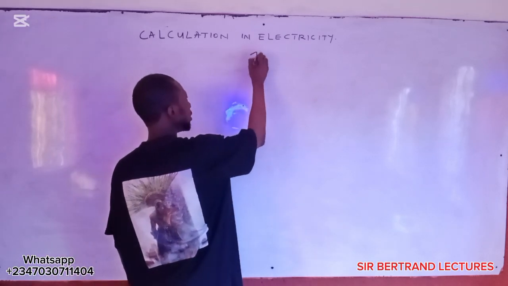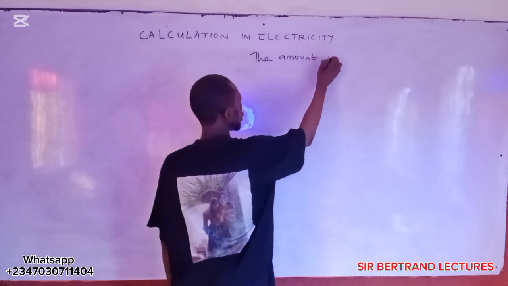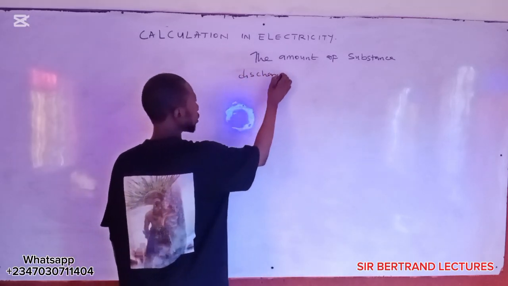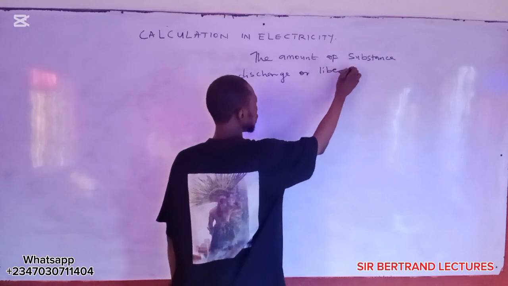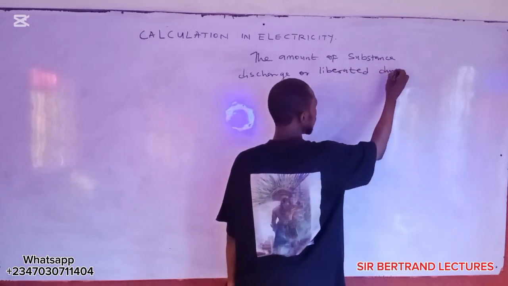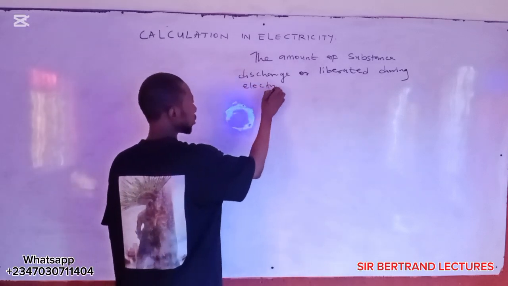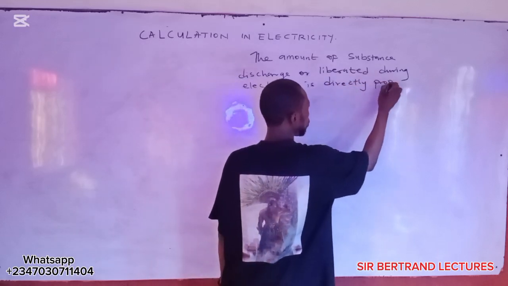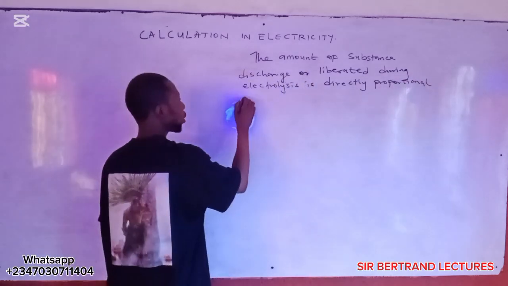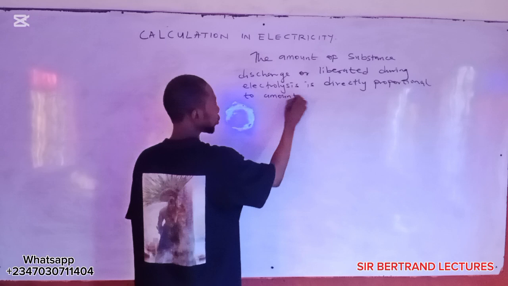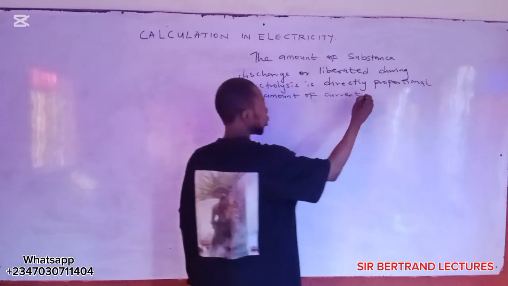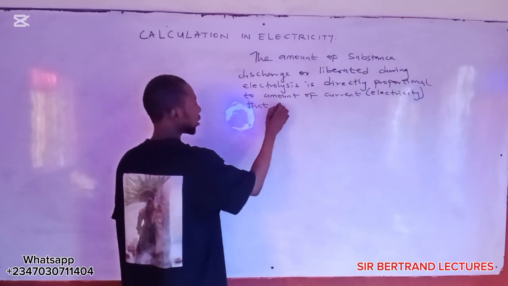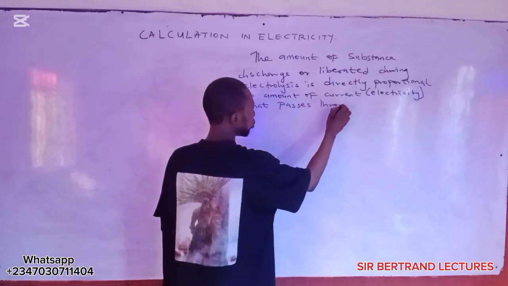The law states that the amount of substance discharged or liberated during electrolysis is directly proportional to the amount of current or electricity, which is measured in coulombs, that passes through it.